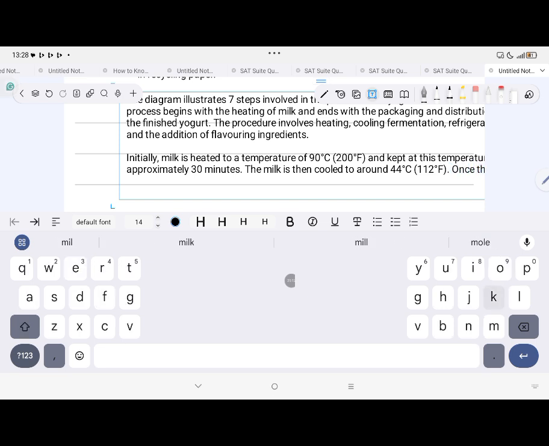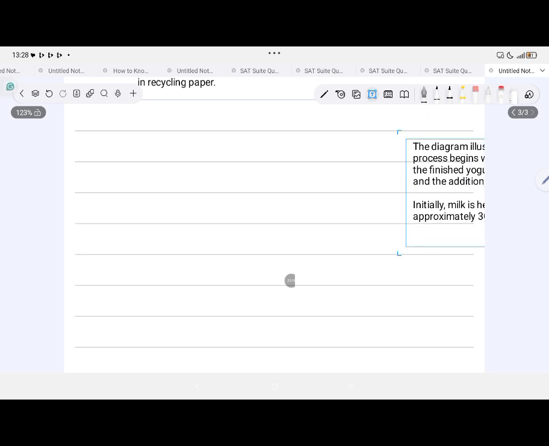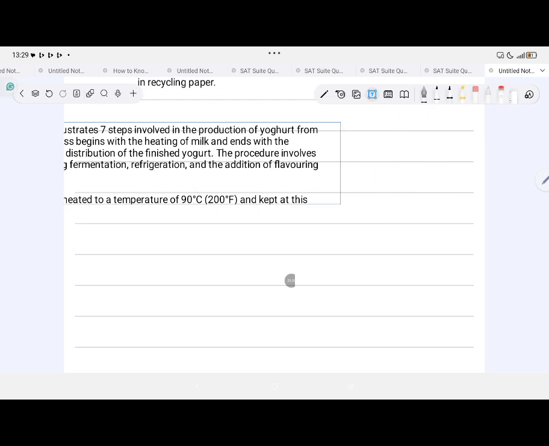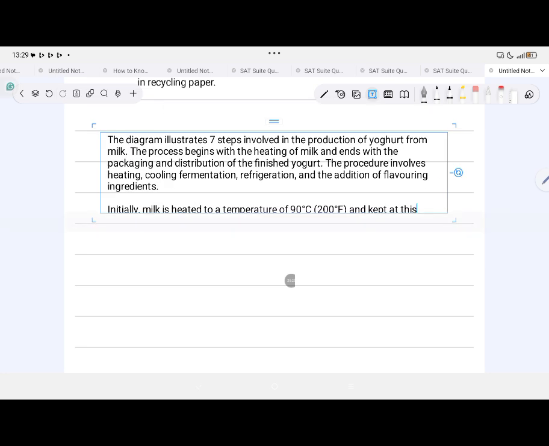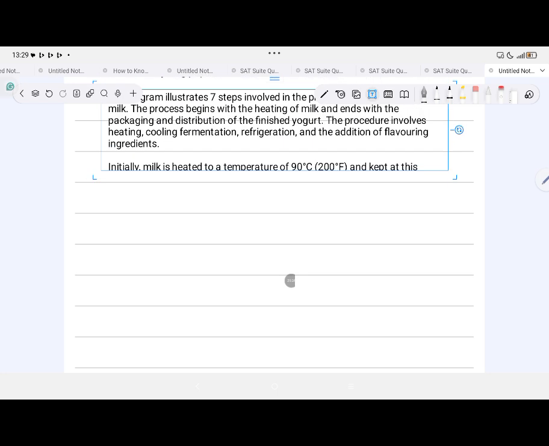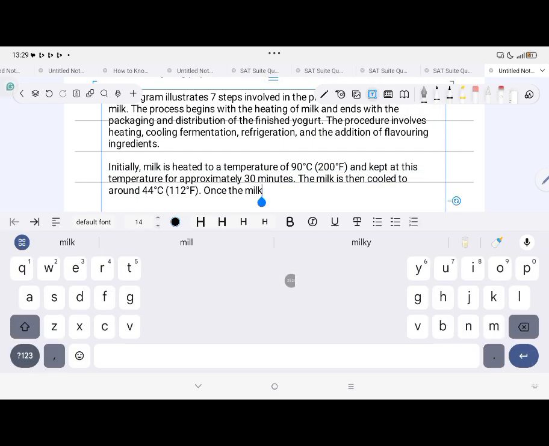Once the milk has cooled, I think the next step is the live bacteria was added.